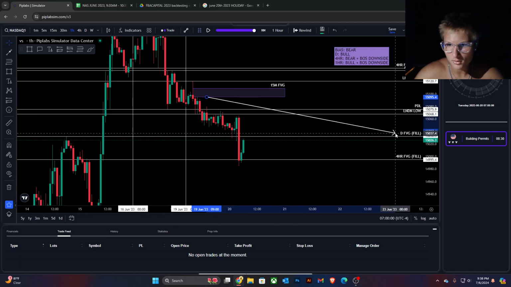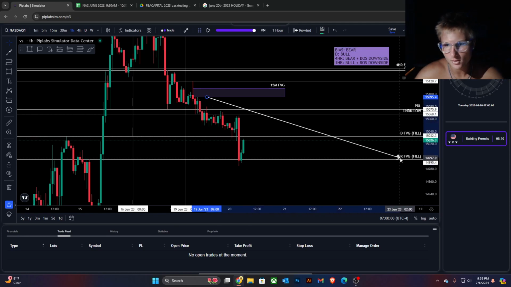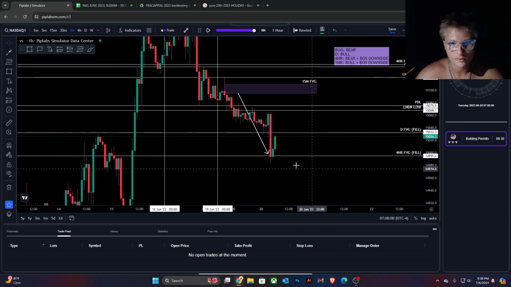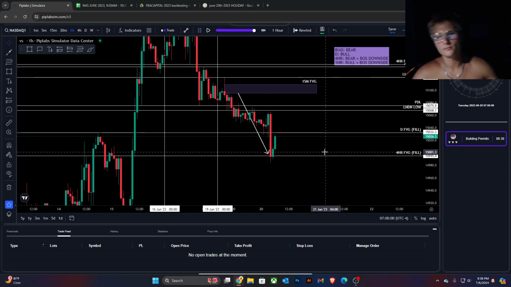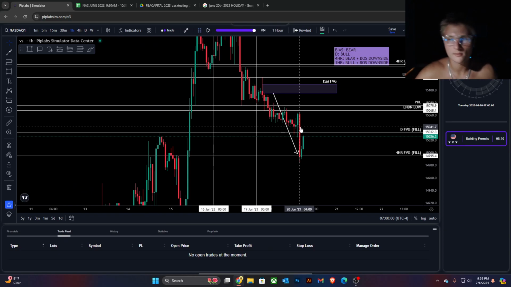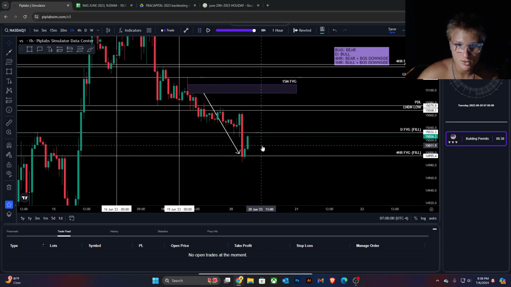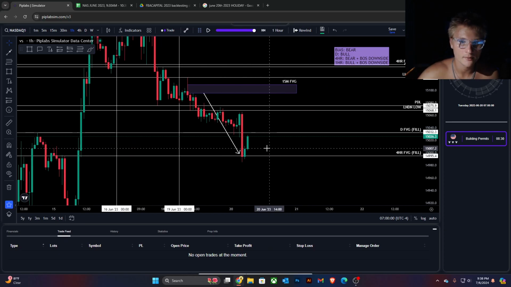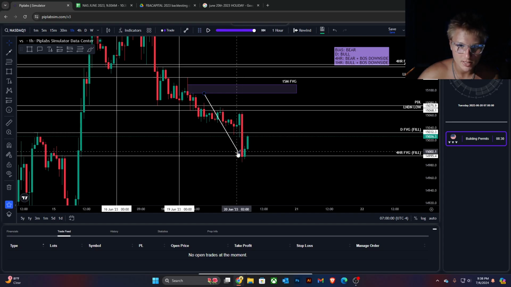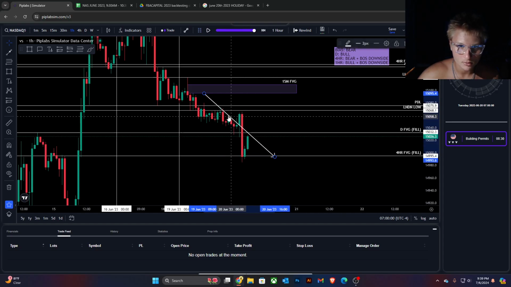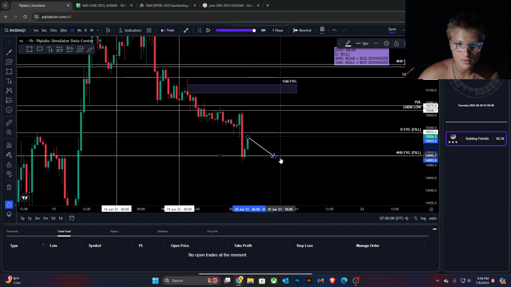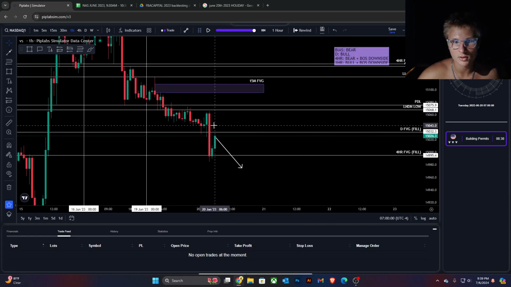So we filled this daily gap, filled this 4-hour gap. Very nice bearish move. London Open filled this 4-hour gap. Huge displacement to the downside. Price is now retracing. Filled this 1-hour gap. Could possibly be getting a move lower again.